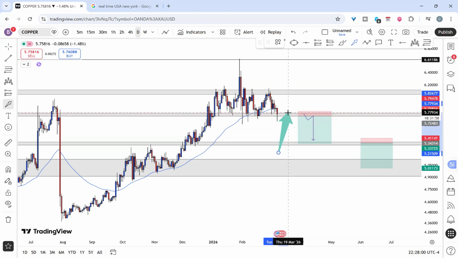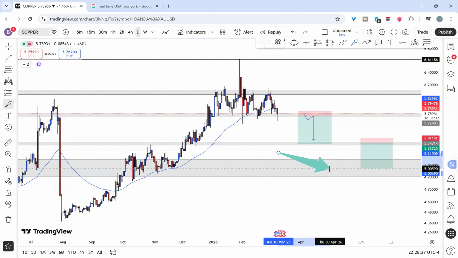If it confirms, then I want to sell down towards the next support level around the area of 5.341. Okay. And if this happens, there might be another chance that we can break this support level and then retest, and it turns into a resistance level to confirm that it wants to push further down, then we are going to land around 5.000, which is the psychological level.